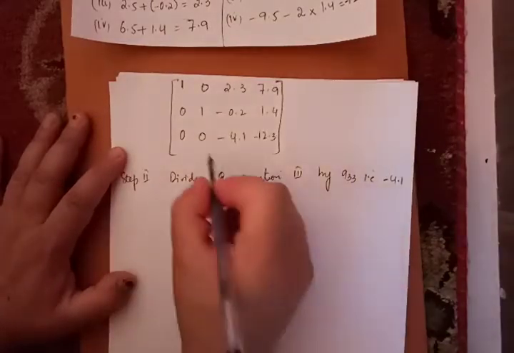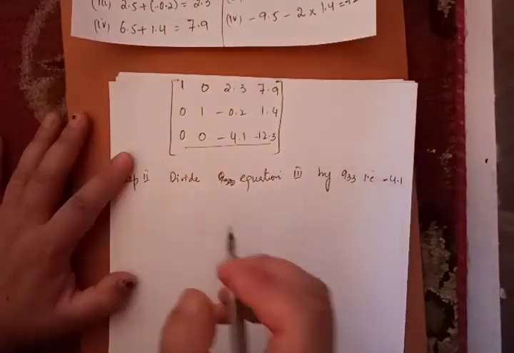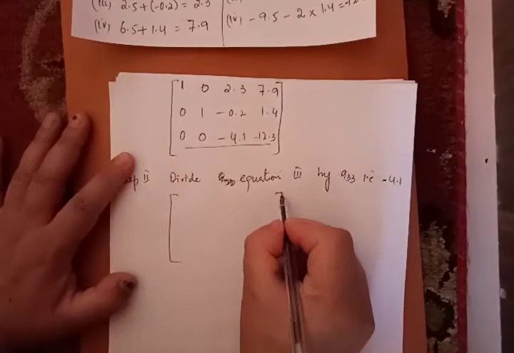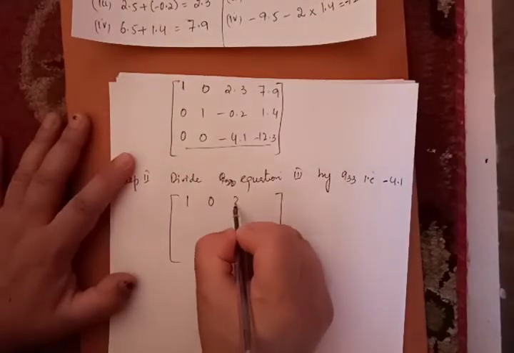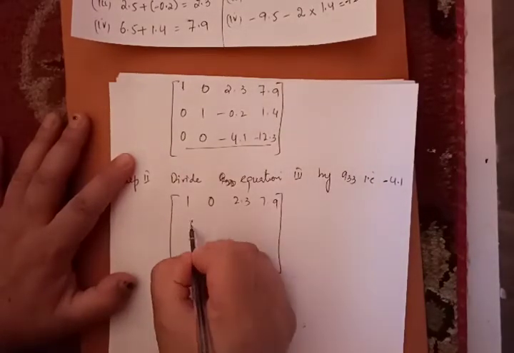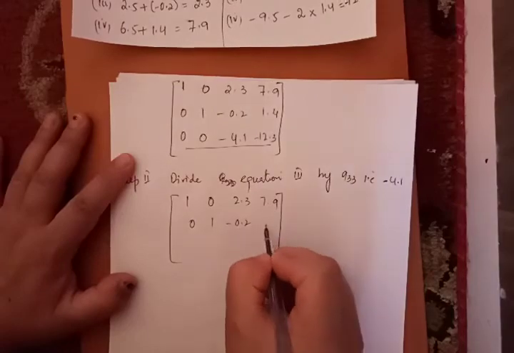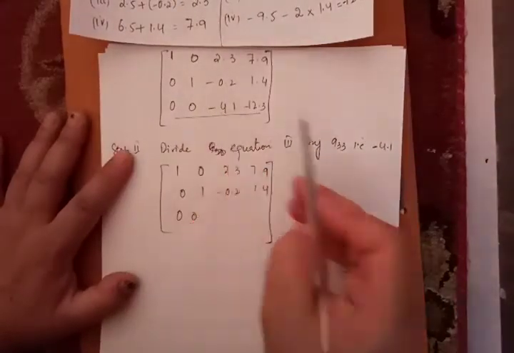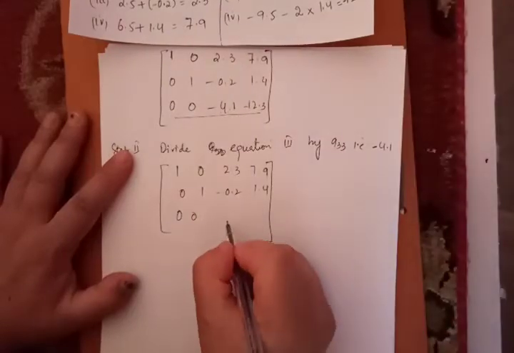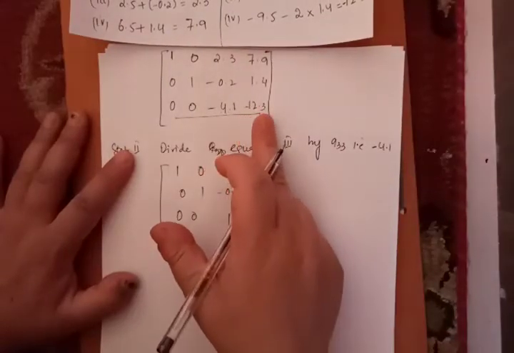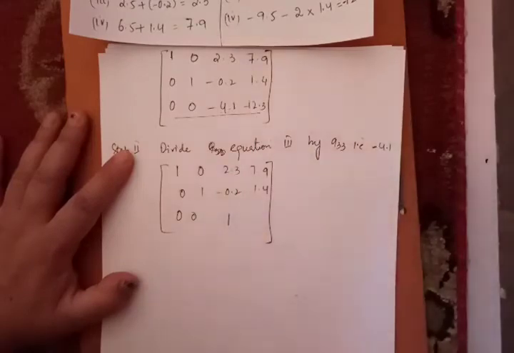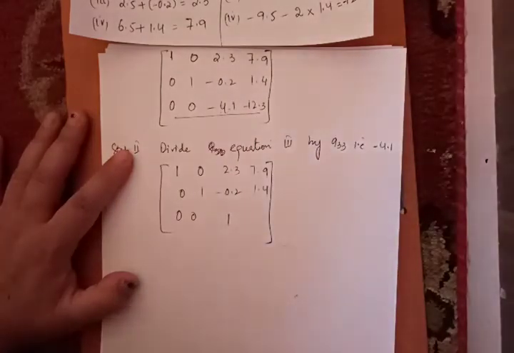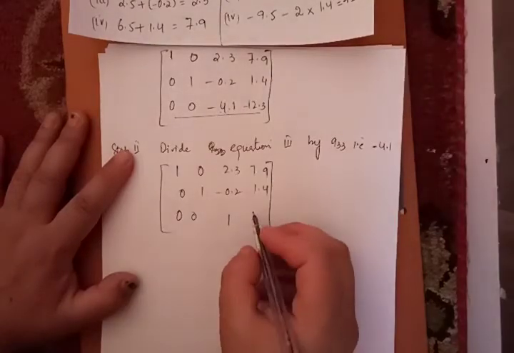So after dividing this equation with minus 4.1, the new system of equations is: 1, 0, 2.3, 7.9, 0, 1, minus 0.2, 1.4, 0, 0 would remain as it is. Minus 4.1 divided by minus 4.1 will be equal to 1. Minus 12.3 divided by minus 4.1 will be equal to 3.